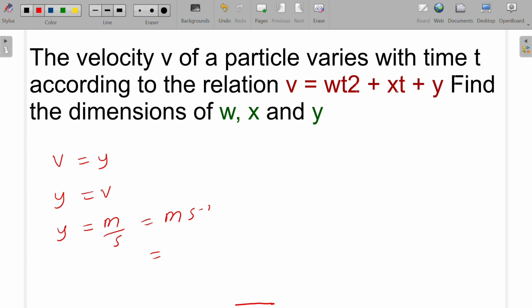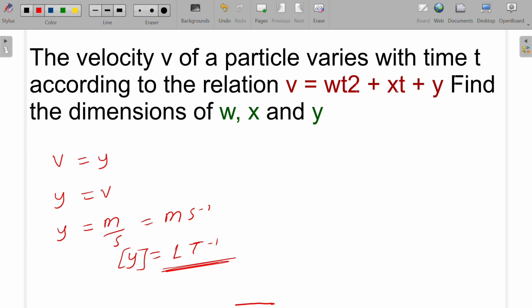Taking our dimensions here, the dimensions for y will be equal to m is length, then s is time, so we have T to minus 1. So these are the dimensions we are looking for y. So we have it there. This is how you solve this type of question.